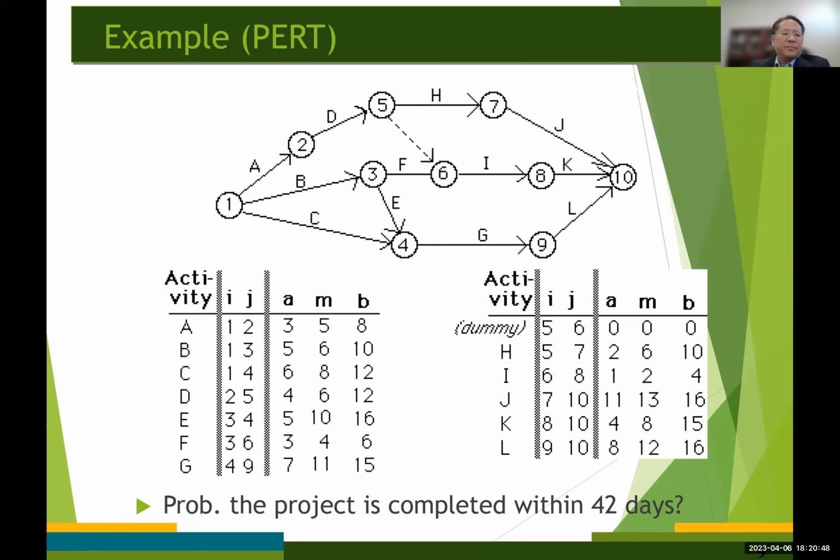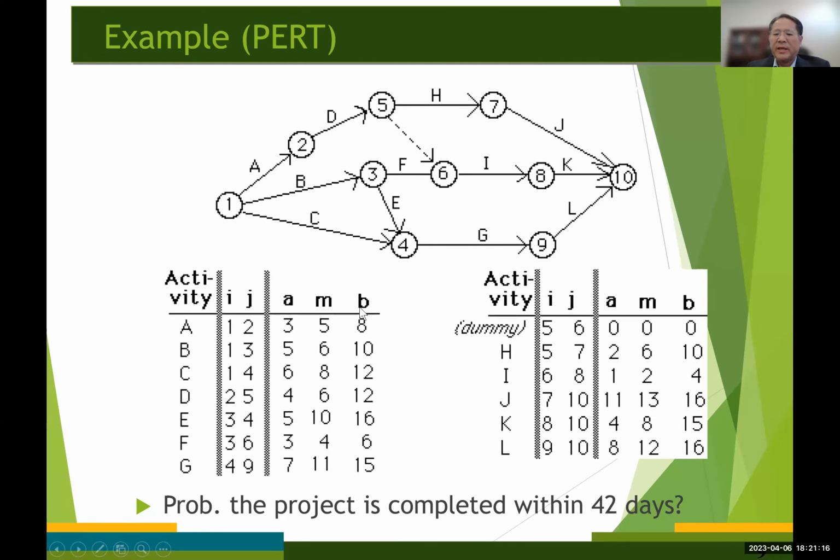Okay, then let's consider this activity on arc network diagram. Suppose the optimistic estimate, the pessimistic estimate and the estimate of the most likely values for the activities' durations are given in this table, right?